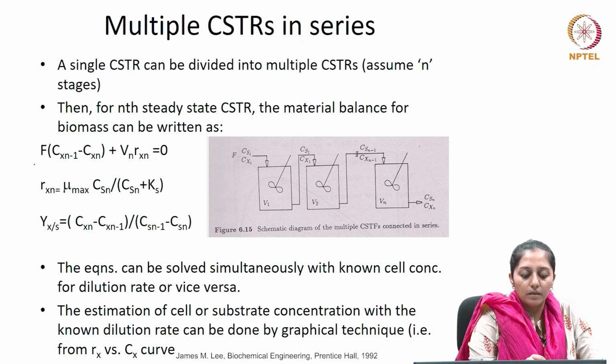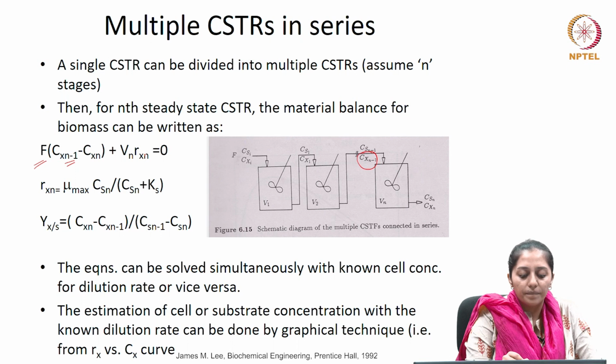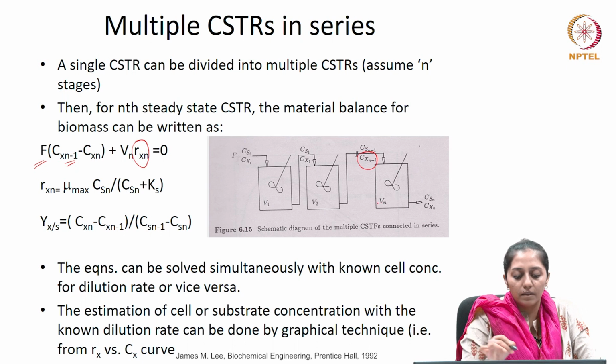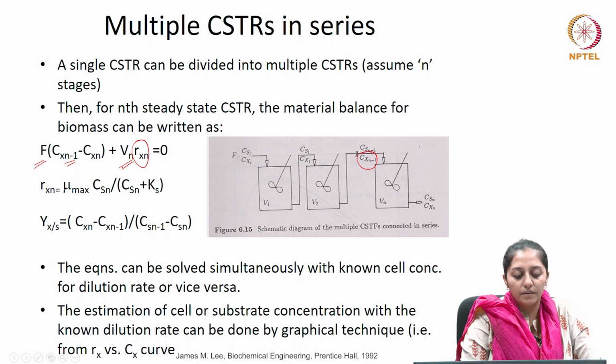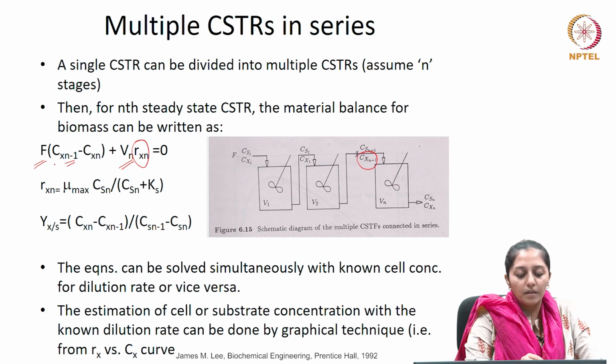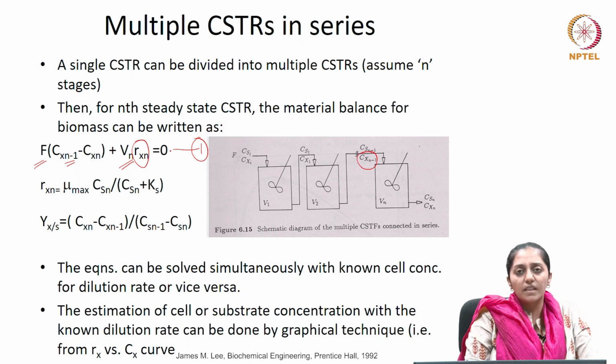If F is the volumetric flow rate and Cxn-1 is the inlet biomass to the nth reactor, and Rxn is the reaction rate or the biomass formation rate in the nth reactor, Vn is the volume of the nth reactor, then at steady state the material balance of the biomass can be represented by equation 1, because there is no net accumulation happening.